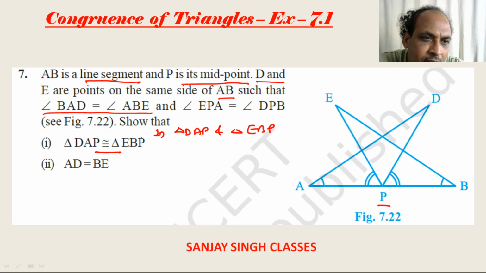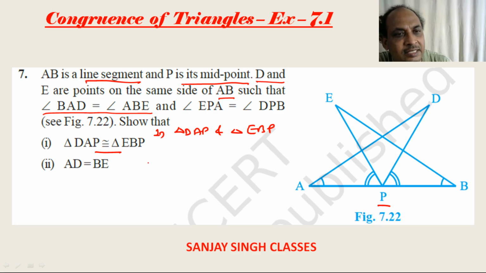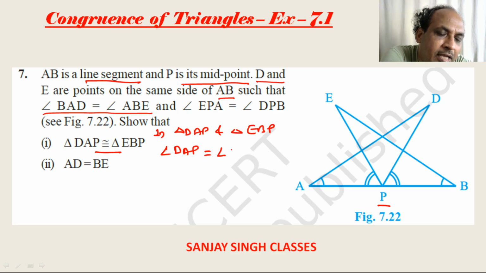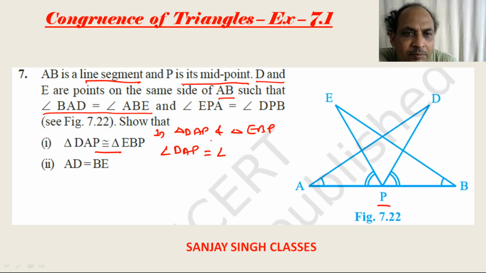So we will go for P is the midpoint. Okay, so it will become ASA. So angle DAP is equal to angle EBP.